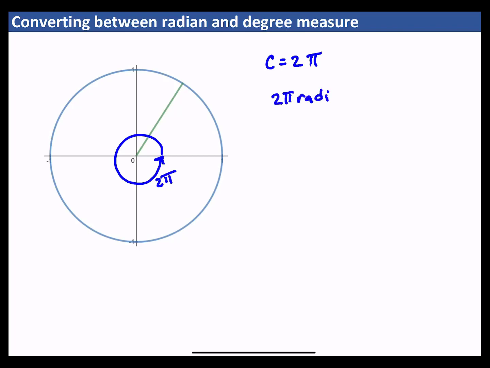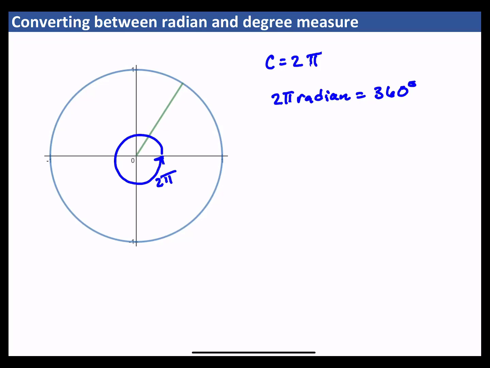And we know that 1 full rotation is also equal to 360 degrees. So that means that 2 pi radians equals 360 degrees. These are 2 different ways to measure an angle, but both represent a full rotation.